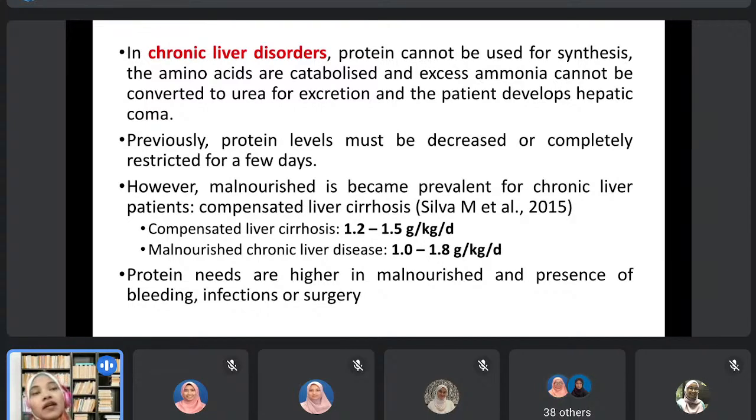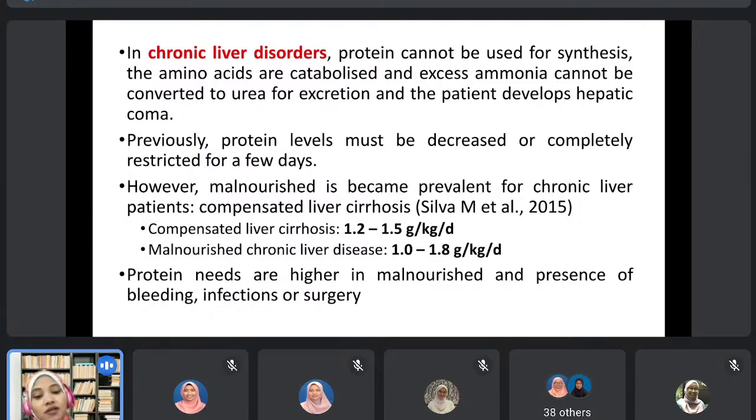However, it is found that malnutrition became prevalent for chronic liver patients, especially those who have compensated liver cirrhosis. So for those who have compensated liver cirrhosis, they might require protein of 1.2 to 1.5.